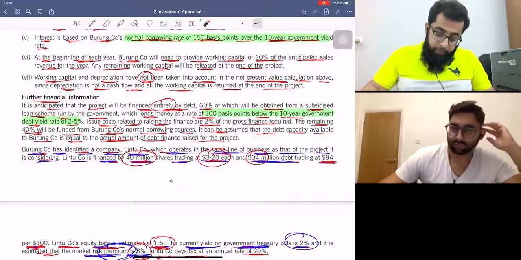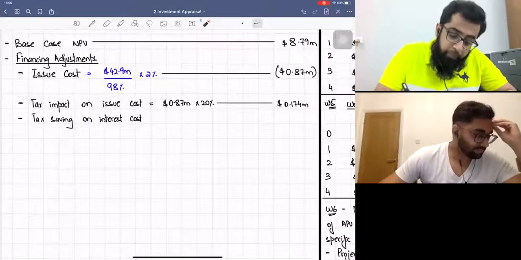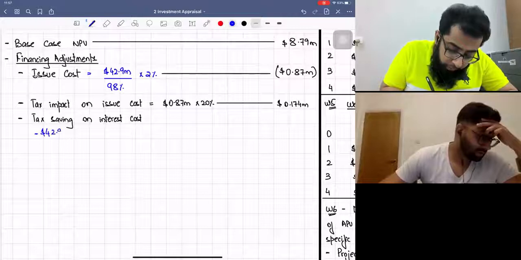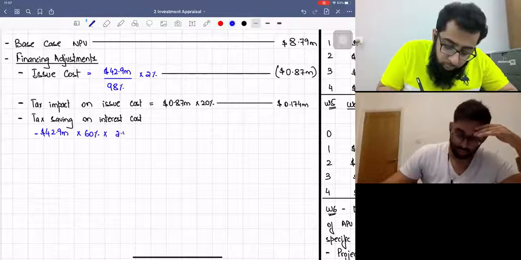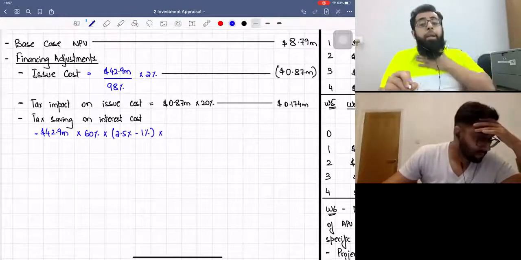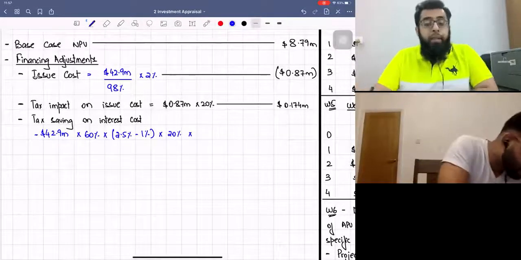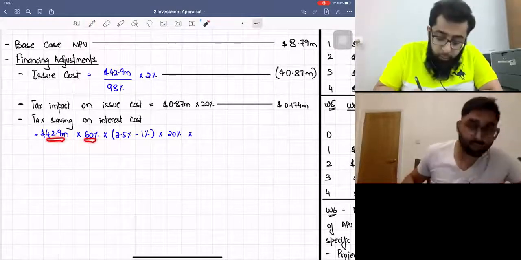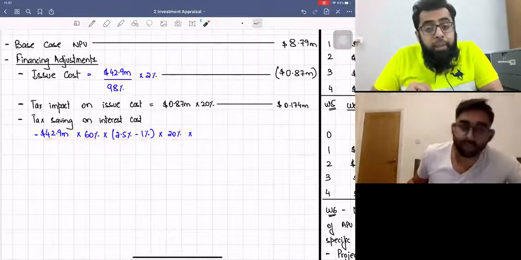So the amount we require is 42.9 million times 60%, into 2.5% minus 1%, multiplied by the tax rate, which is 20%. 60% is the subsidized loan, 2.5 minus 1 is the subsidized rate, and 20% is the tax rate.